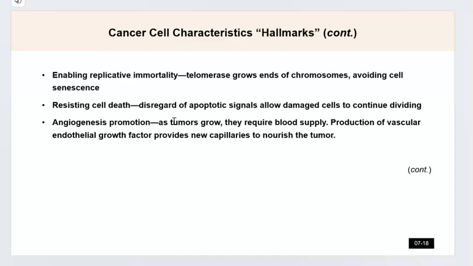I'm just making an example. So after their 10th time of replicating, now they are done. They can't do it anymore. And so now they are going to go to the parking lot, turn off their engine, and just sit there, right? So if you have a cancer cell, it is going to avoid that cellular death, right?